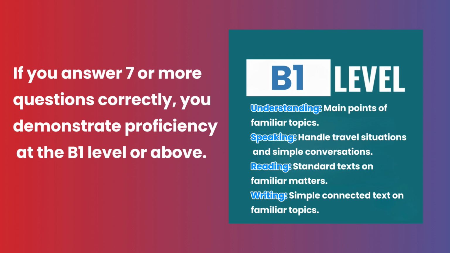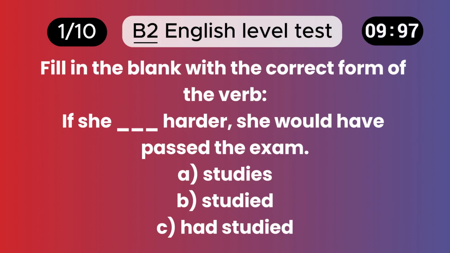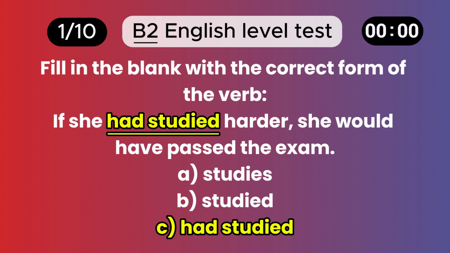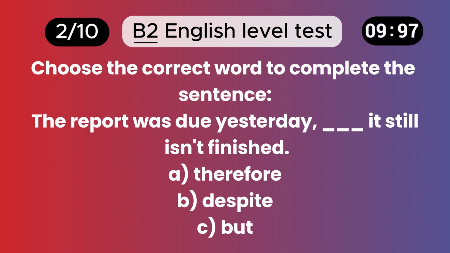If you answer 7 or more questions correctly, you demonstrate proficiency at the B1 level or above. Fill in the blank with the correct form of the verb. Choose the correct word to complete the sentence.